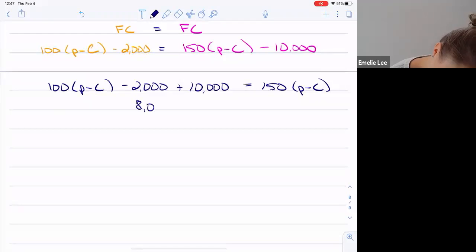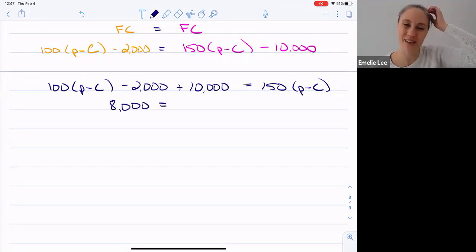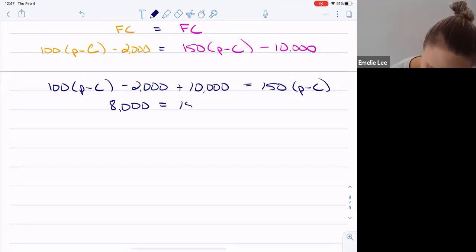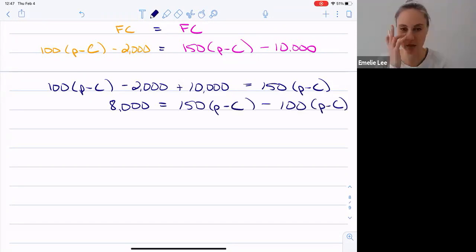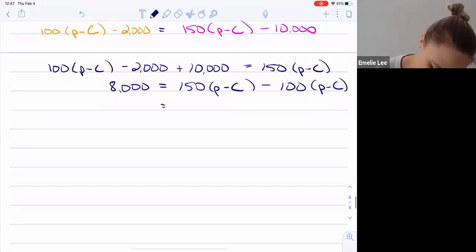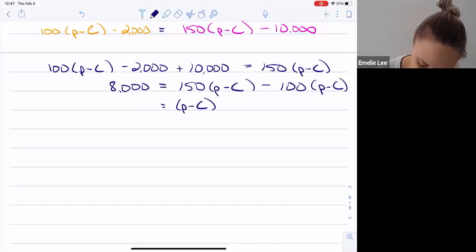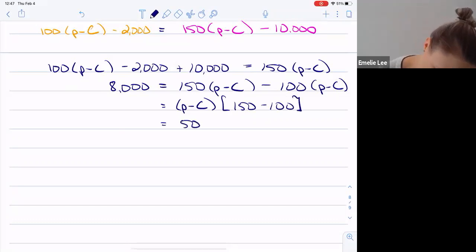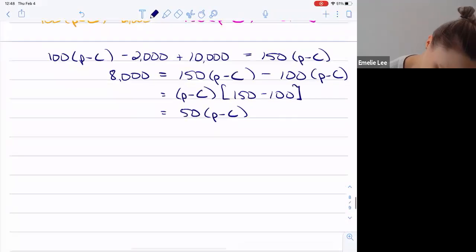So we have 8,000, negative 2,000 plus 10,000 is 8,000, is 150 times P minus C minus 100 times P minus C. Right, got a common multiple of P minus C, and I'm speeding up because I've got limited time here, times 150 minus 100, or if you just went to 50 times P minus C, that's fine.